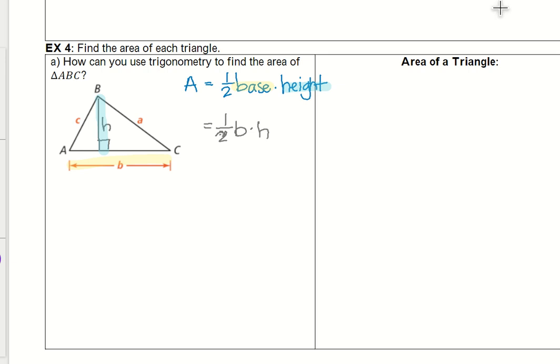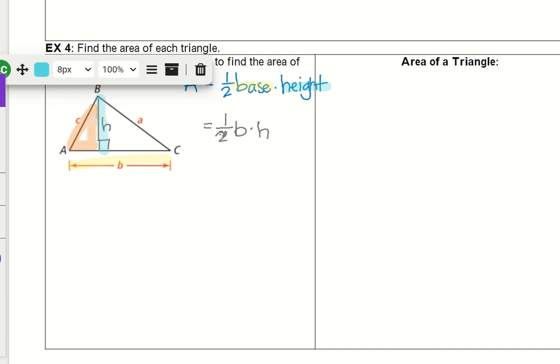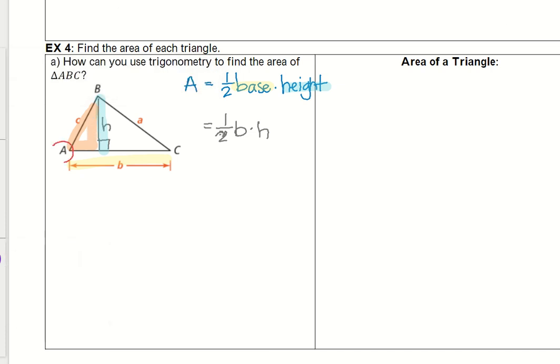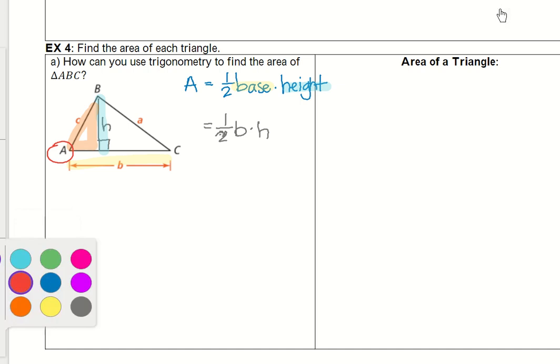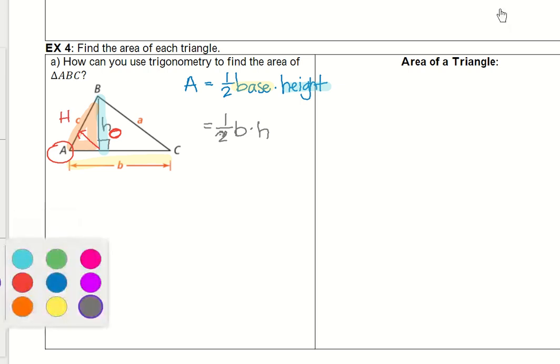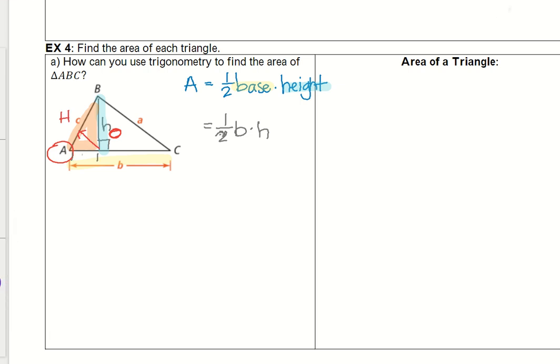So what I can do about H, though, is I can write it in terms of an angle. So if I think about this triangle over here, I can think about angle A, and I know that H would be the side opposite, that C would be my hypotenuse, and that this little unknown piece, right, I don't know what this is, part of B would be the adjacent side.